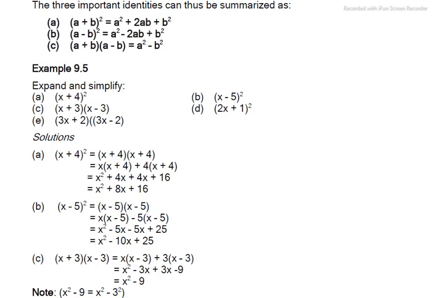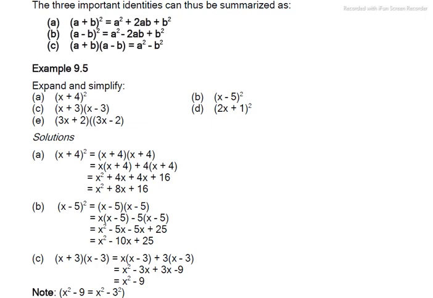So these are the three quadratic identities, and we can solve problems based on these three identities, as we shall see. In our example 9.5, we are told to expand and simplify. Part A is (x + 4) squared. We've seen this. When we are squaring a bracket, it means that that bracket is multiplying itself once.